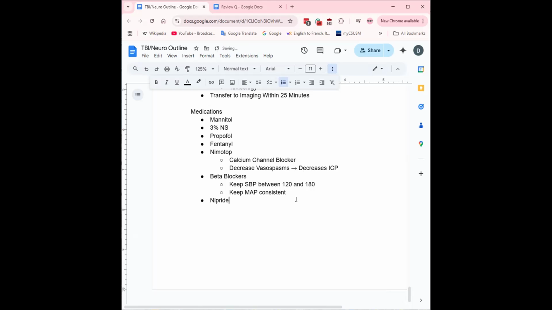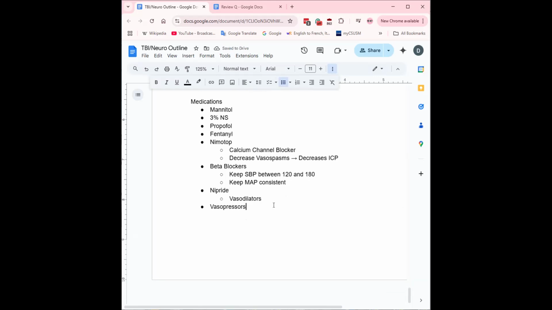You see vasodilators and also vasopressors, because the whole point is to keep the MAP consistent at whatever goal you're at. You keep titrating until you get where you want. It's not as black and white as some other things.